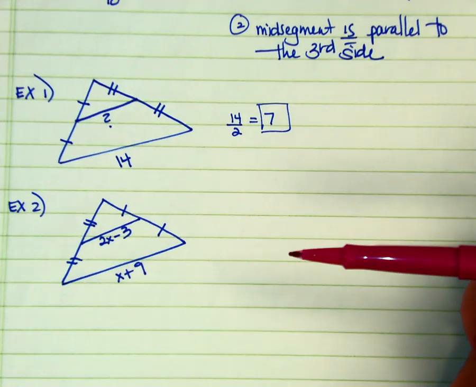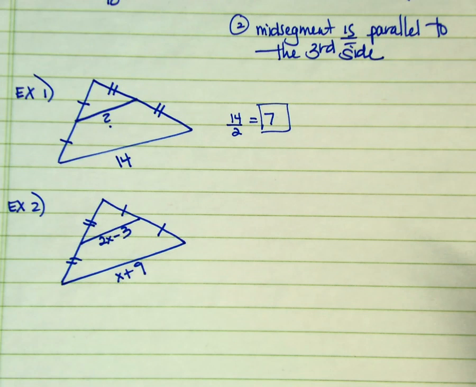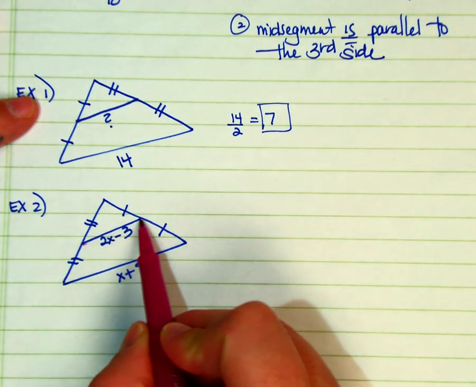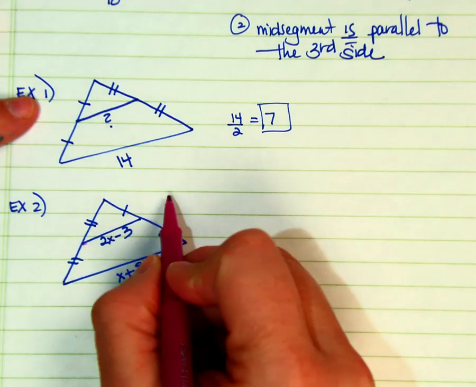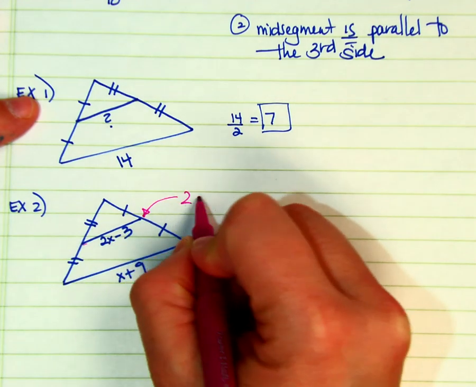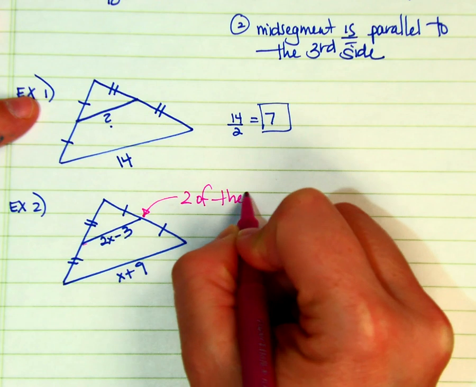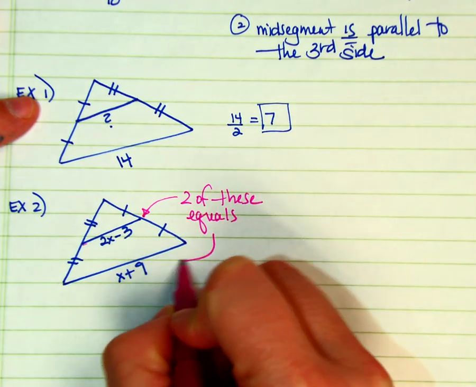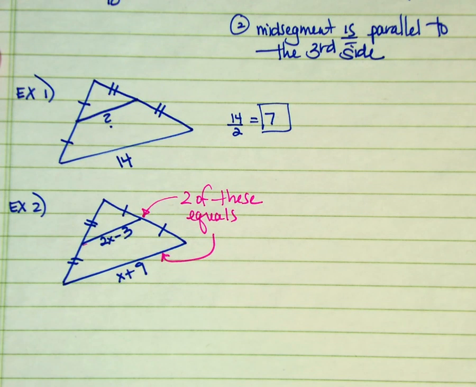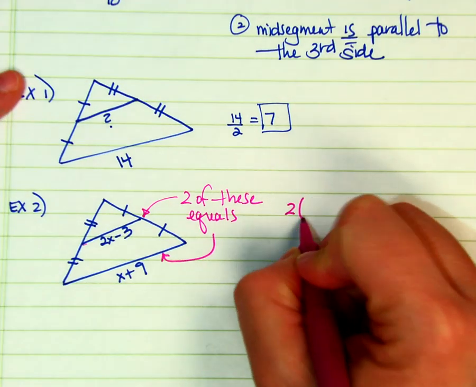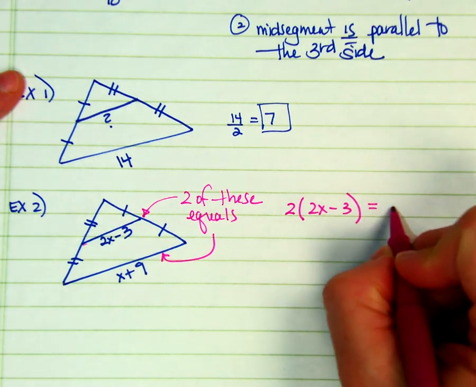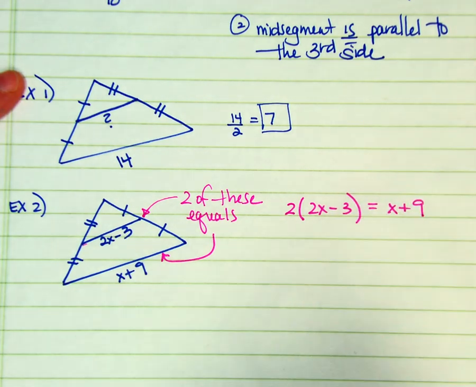A lot of people screw up with the whole half thing. So I'm going to use the 2 instead. So I know if I have 2 of these, so 2 of these equals that. So I need 2 of my midsegments. That is going to equal that third side.